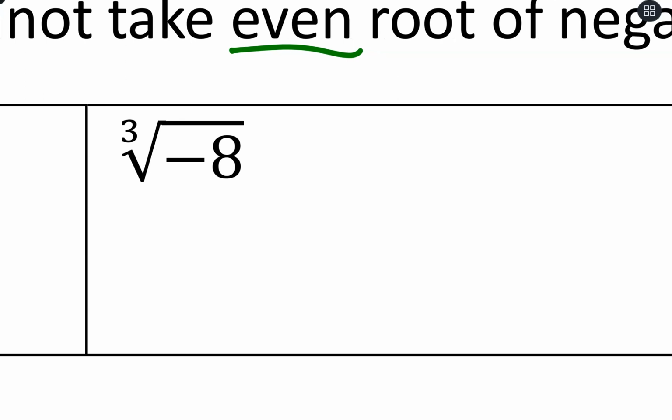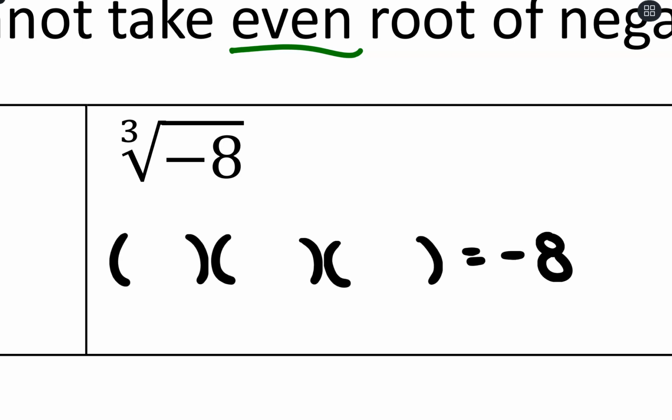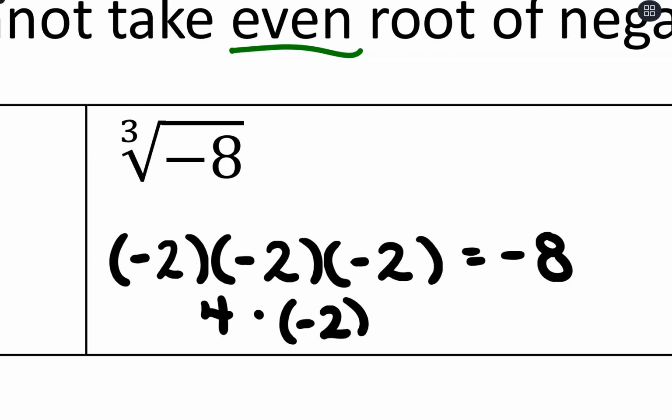So what if we take an odd root? So with this, I want 3 things multiplying to itself to give me a -8. Well, numerically, it's going to be 2's multiplying, and they all have to be positive or all have to be negative. Now the all positive doesn't work because that'll give a +8, but let's see what happens if I make them all negative. So that would be a +4 times a -2.